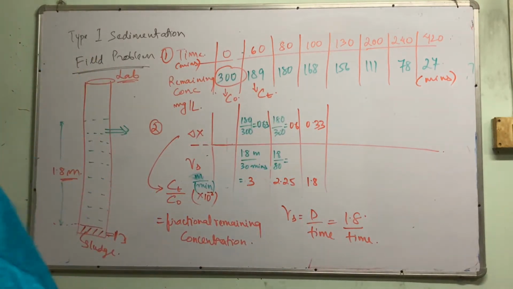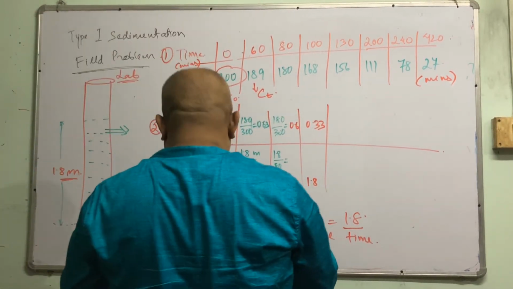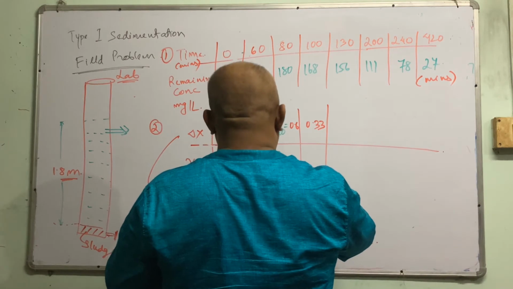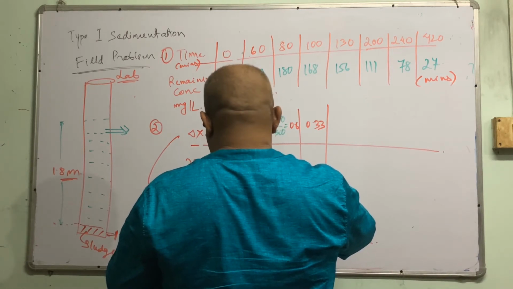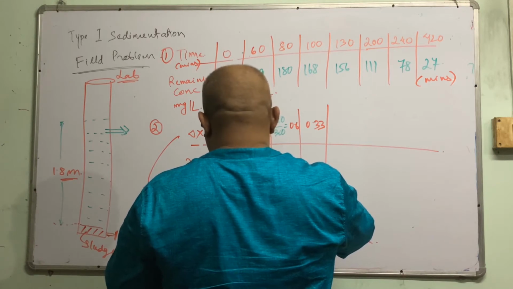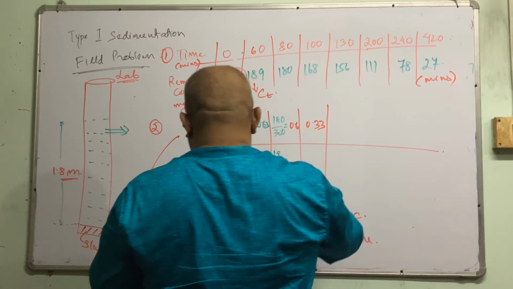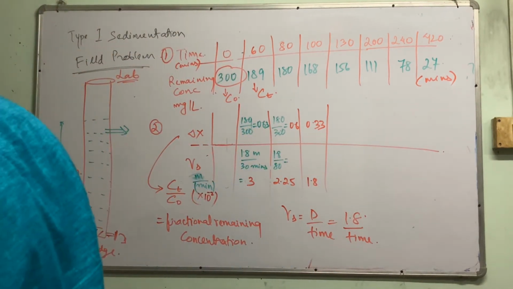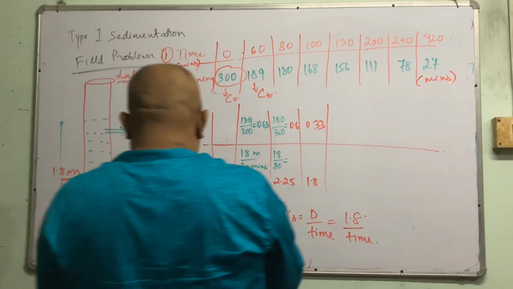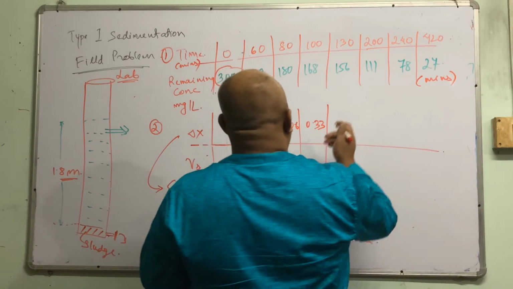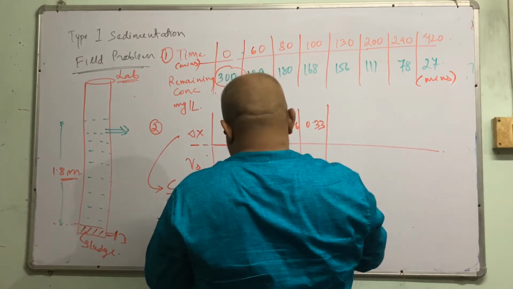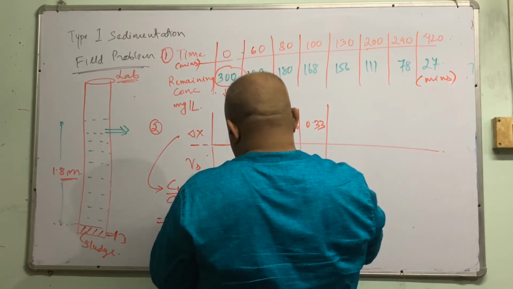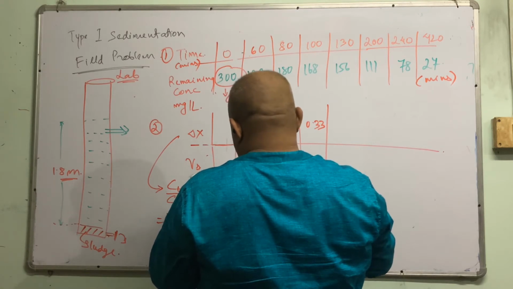Let me copy from the book to make things easy. That is distance by time, 1.8 divided by 100. Sometimes I find a textbook wrong, so let me check. Then 130 by 156.